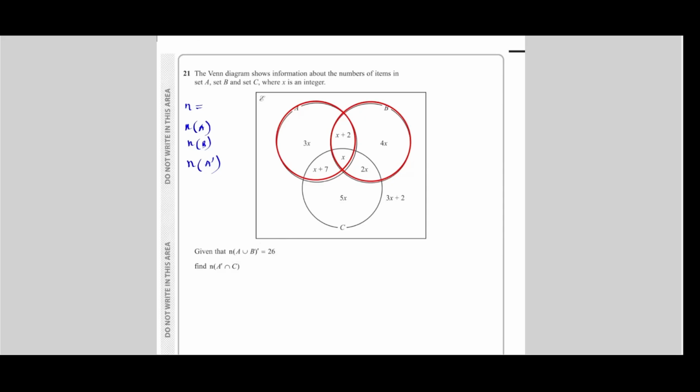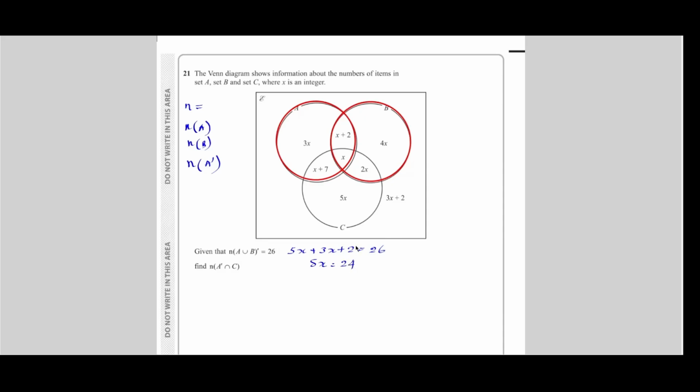So let's write it this way. 5x plus 3x plus 2 equals 26. Then here I'm getting 8x. When this 2 goes to this side, it becomes minus 2, then 26 minus 2 becomes 24.